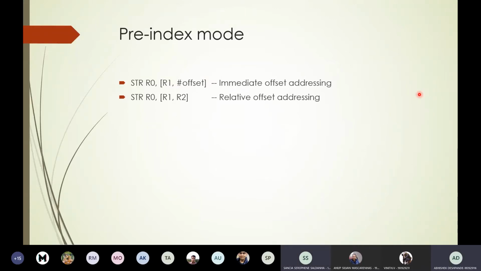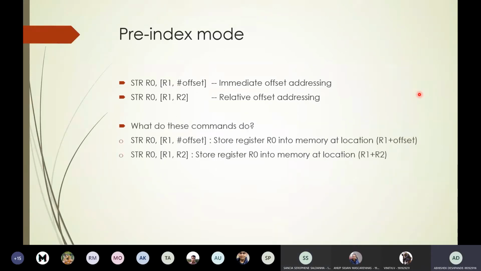Now we'll look at what these commands do. STR is store register into memory, right? It will store whichever register is here in the first argument into the memory location at R1 plus offset. So whatever is given in the square brackets, it will store the value of R0 into that memory location.